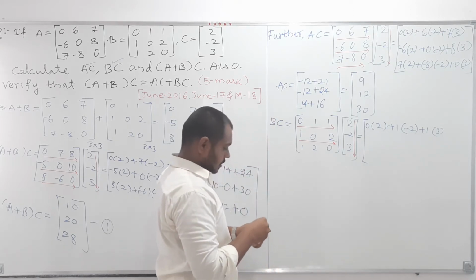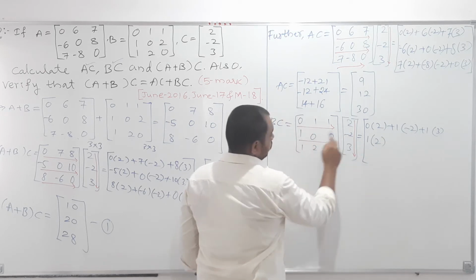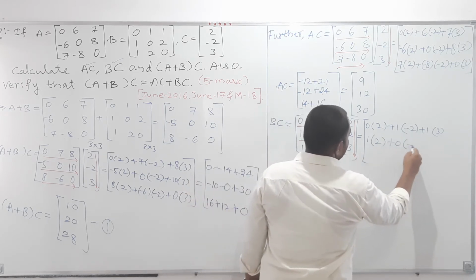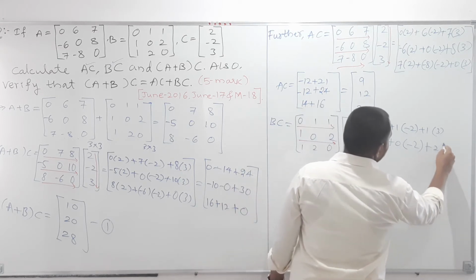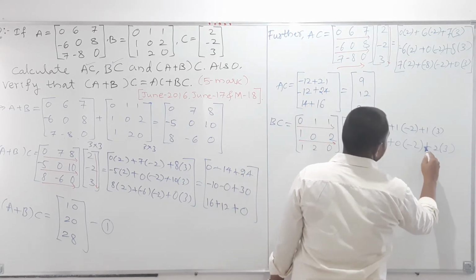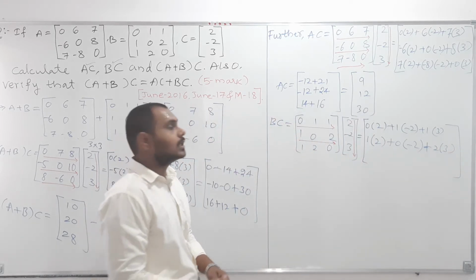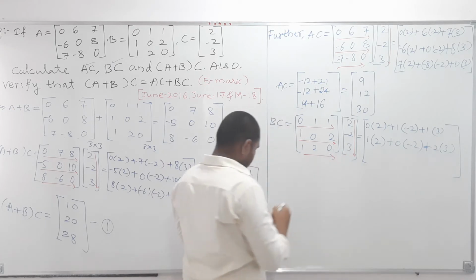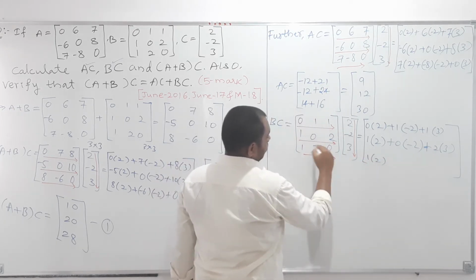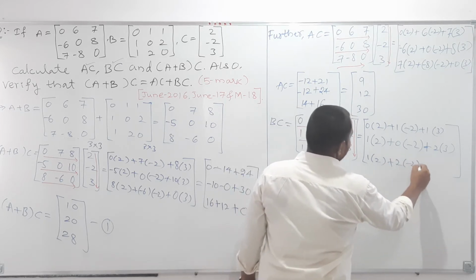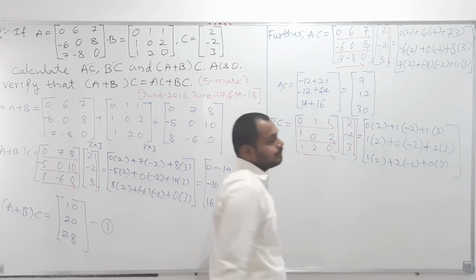So what is second row then? So 1 into 2 plus 0 into minus 2 plus 2 into 3. And next, my dear students, third row. So here it is, third row, this column, 1 into 2 plus 2 into minus 2 plus 0 into 3.